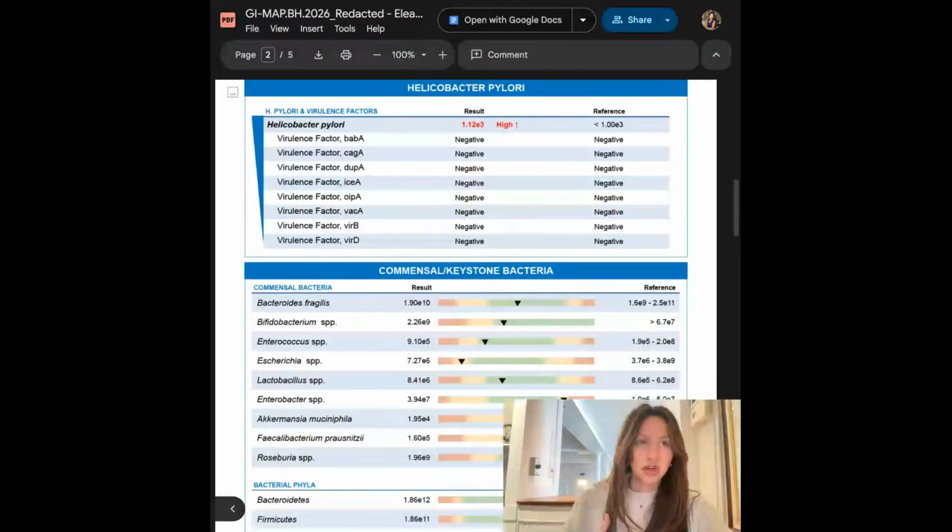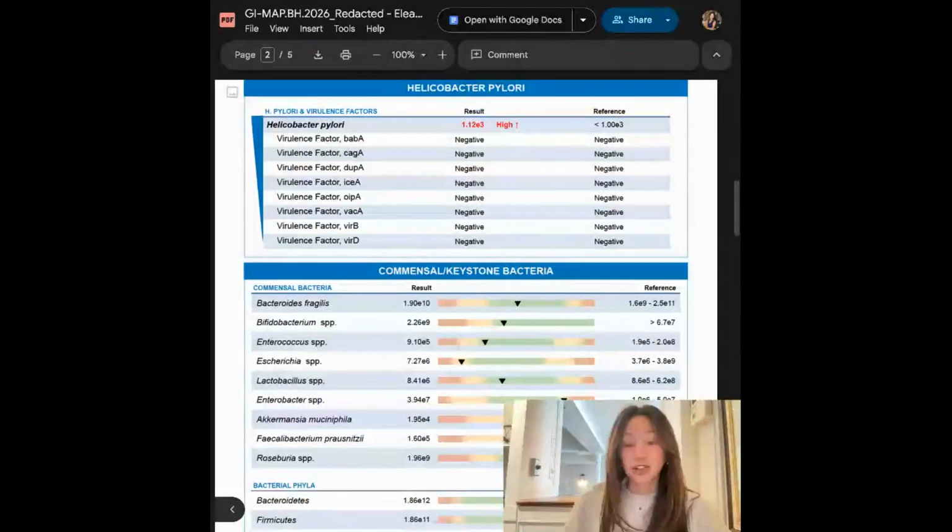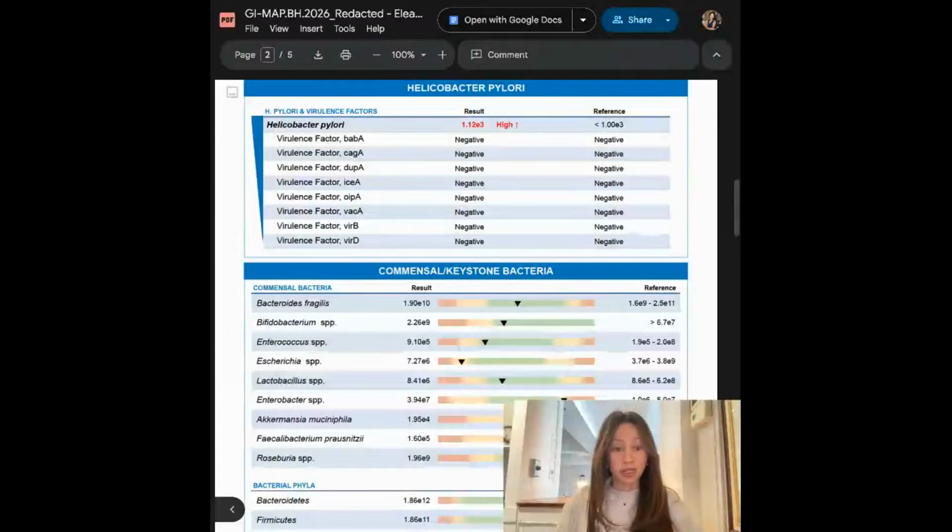We also have H. pylori present. We are at risk for deficiencies like folate and B12, a lot of our animal-based proteins, and of course calcium is digested in the stomach, and so when H. pylori is present, that can put us at risk for not getting the nutrient absorption that we need, specifically at that stomach level.